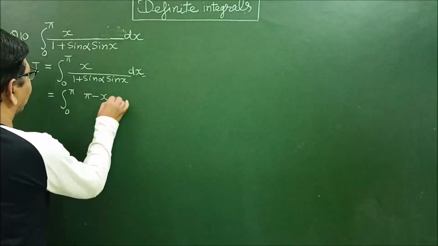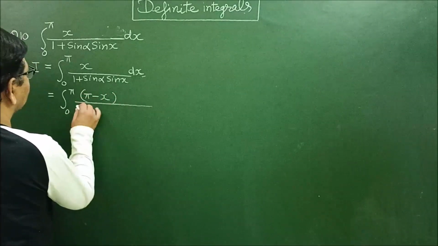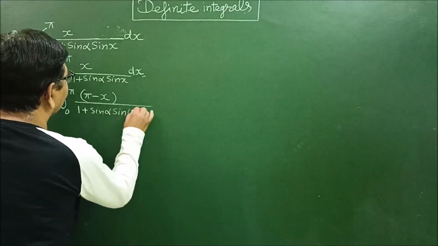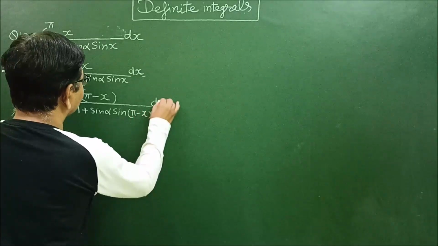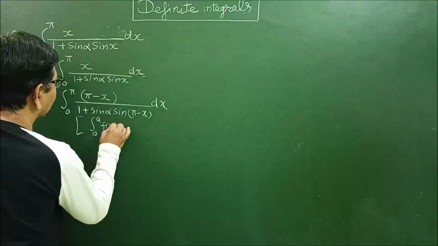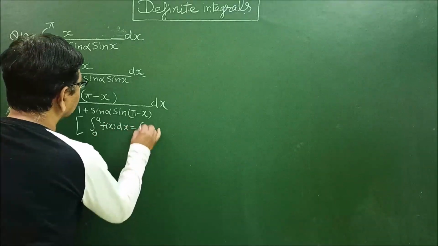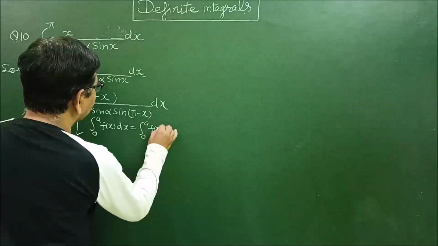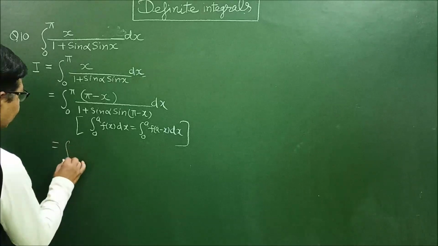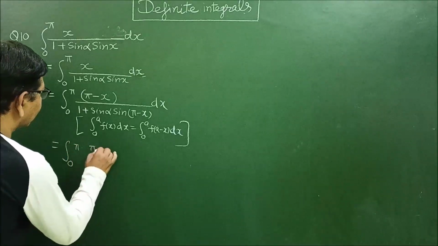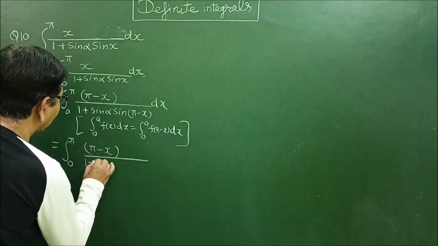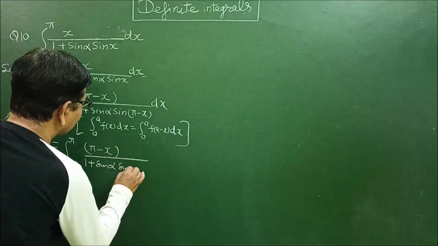So pi minus x upon 1 plus sin alpha into sin of pi minus x, that is, using the property that the integral 0 to a f(x) dx is equal to the integral 0 to a f(a minus x) dx, and solving further, we get integral 0 to pi of pi minus x upon 1 plus sin alpha into sin x dx.